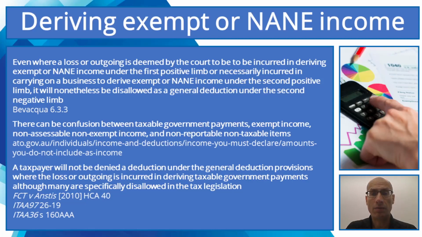Ultimately, though, there's some argument that this negative limb probably doesn't even need to exist. Why? Because it's a requirement under the positive limbs that you're deriving income. And by definition, that's not deriving exempt or non-assessable, non-exempt income.